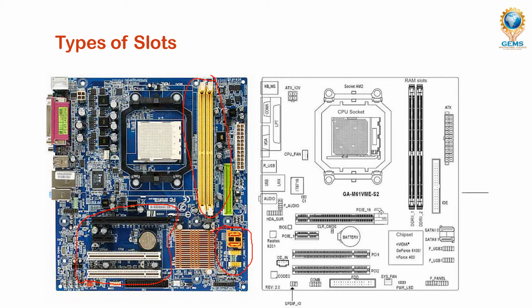Here in a sketch diagram, we can clearly see different slots with names like PCI1, PCI2, AGP slots. Now we are going to see in detail about the different types of slots.